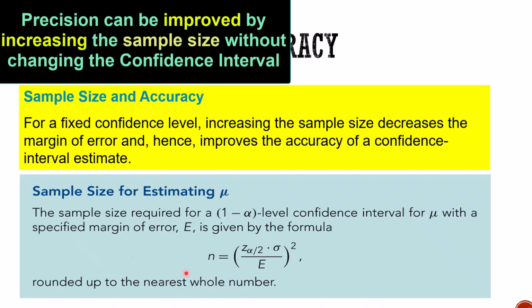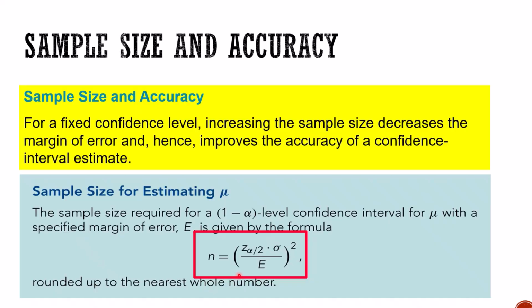Over here below, they have given us the formula to find the sample size n in the case of one population mean when the population standard deviation is known. Now, this particular formula is derived from the formula for the margin of error. Recall that the margin of error formula was E equals Z of alpha by 2 multiplied by sigma divided by square root over n.